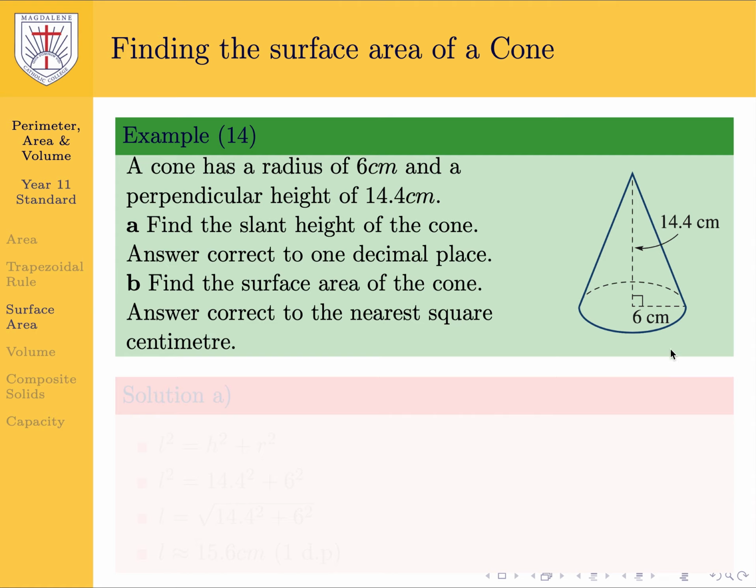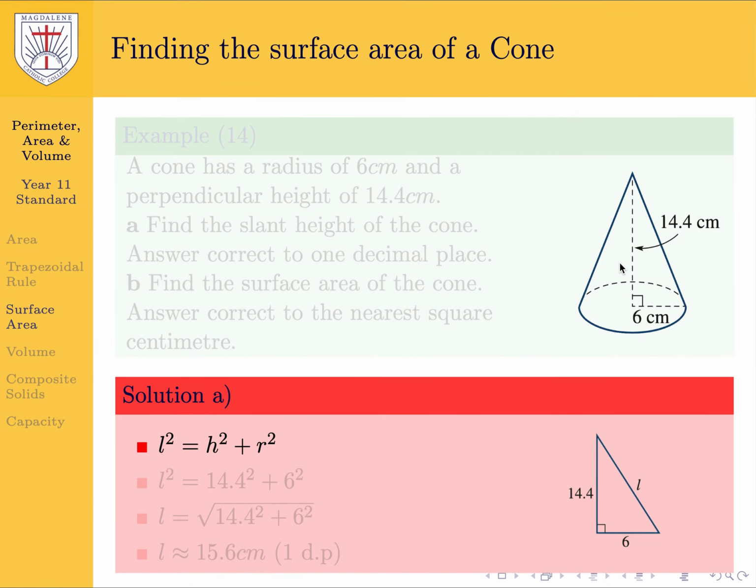So you can see here, we've got a right angle triangle. The base is 6 and the height is 14.4 centimeters. So we're going to have to use Pythagoras' theorem. I've drawn the triangle of this part here, and I've labelled L for the hypotenuse.